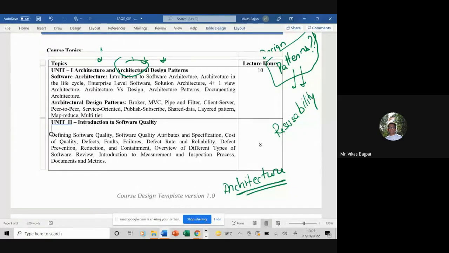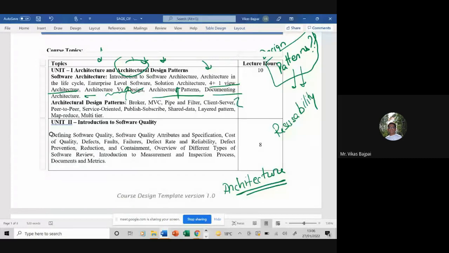I'll definitely throw some light in the beginning on what basically software architecture is, and we'll talk about architecture in the life cycle. We'll talk about enterprise level software architecture, solution architecture, and the very interesting and popular 4+1 view architecture. Then we'll talk about the differences and similarities between architecture and design. We'll talk about patterns. We'll also talk about how to document these things, right?